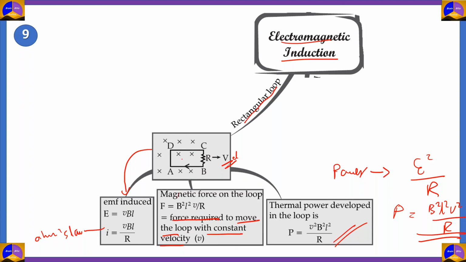So this loop is actually moving with a constant velocity, and it's escaping or entering into a magnetic field, which produces the induced EMF, induced current, and hence in turn the magnetic force and thermal power developed. So that's why rectangular loop is one of the important cases, because in AC generators, what we do is we keep a rectangular loop, and then we start inducing current out of it in the most basic model. As we reach advanced models, we use two coils which mutually induct each other.